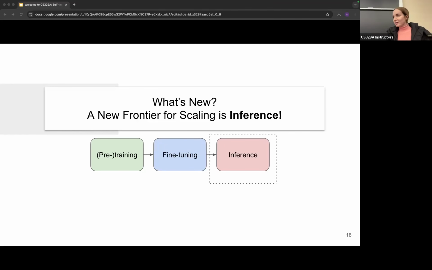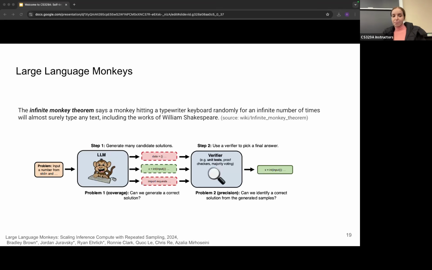So we knew pre-training was good. We knew adding more data even to the fine-tuning process makes them better. But it turns out that we can get much more capable LLMs by increasing the amount of compute that we throw at them at inference time, which means we are not changing the parameters of the model at this time.